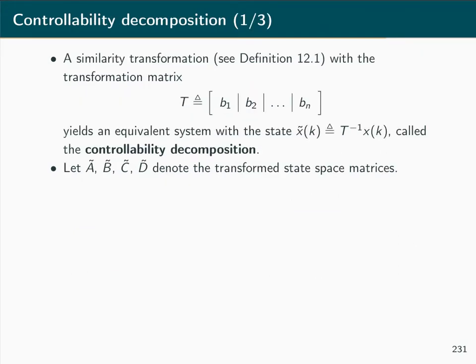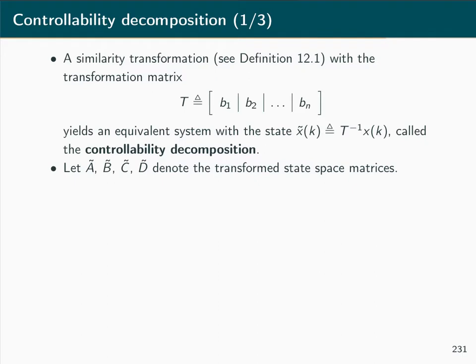Based on this, we can now derive what we call the controllability decomposition. In the first step, we define the similarity transformation that is given by the transformation matrix T that contains the basis vectors b1 through bn as its columns.